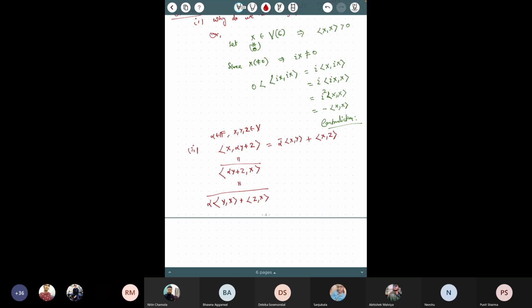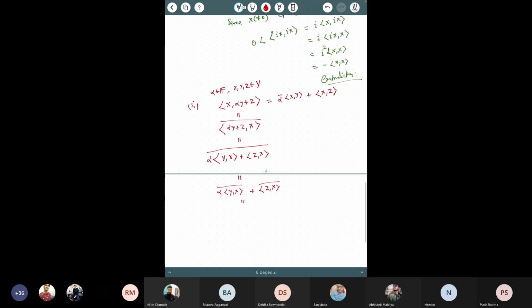This is the same as the bar of alpha times y inner product with x plus z inner product with x, because these are just two complex numbers and I'm taking the bar of their sum. But then this is equal to alpha bar times the bar of the inner product of y with x plus the bar of the inner product of z with x, right?